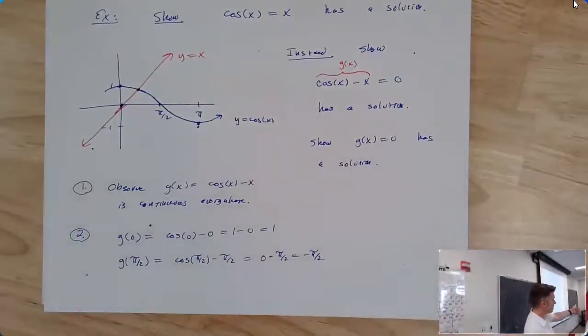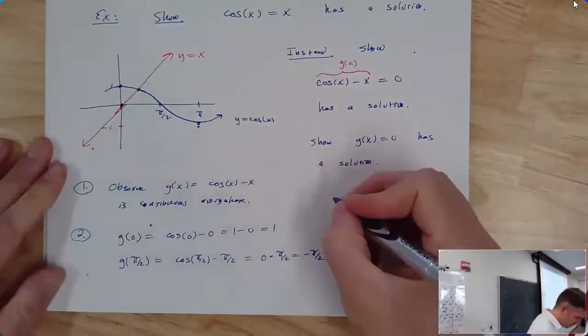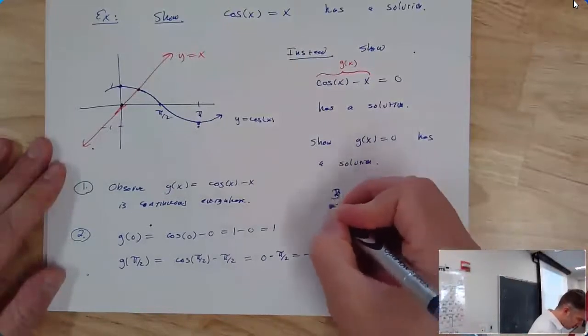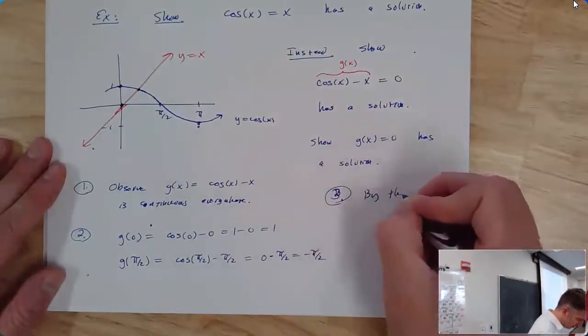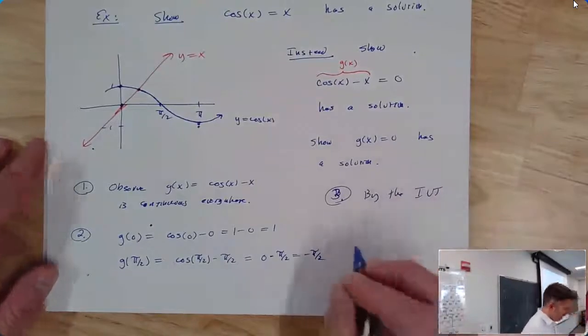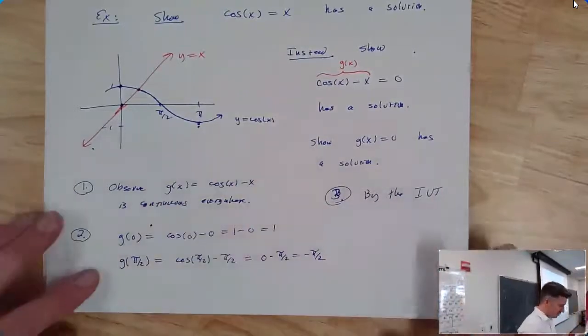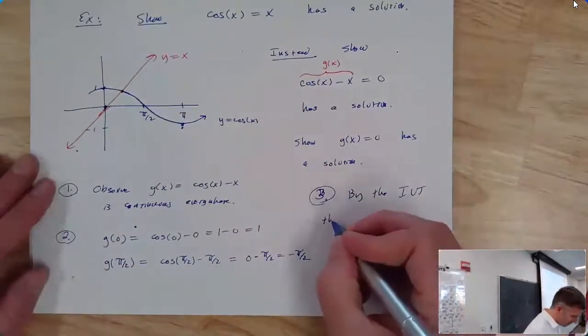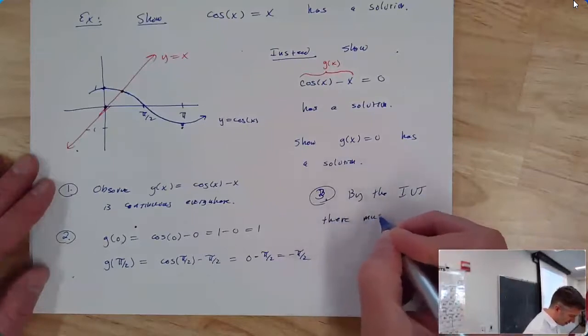It's continuous. It goes from a positive value to a negative value. If you go from positive to negative and you're continuous, you go through 0. There's no other choice. So by the intermediate value theorem, I always like to say the following words. There must be a number, and I like to say where it lives.